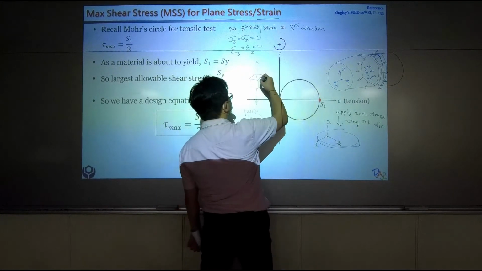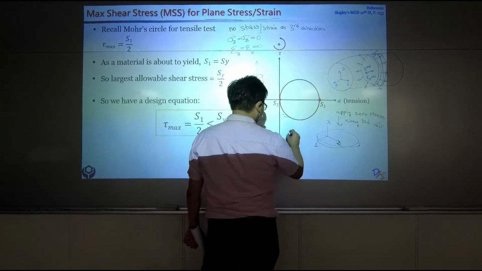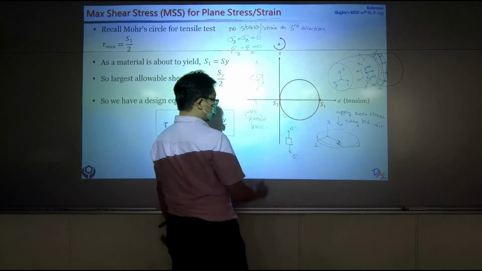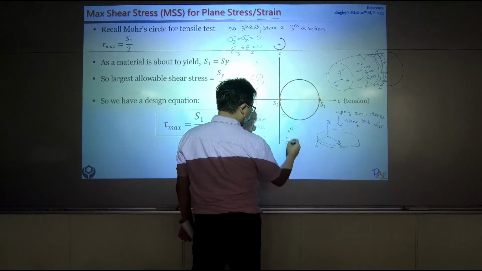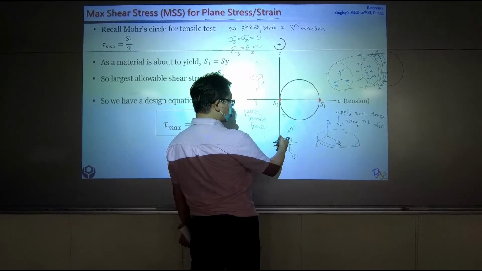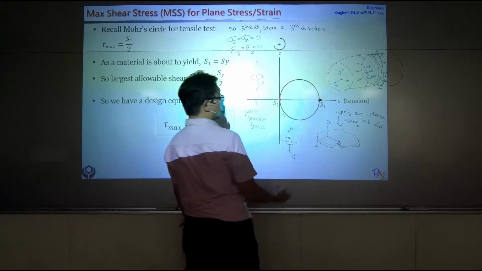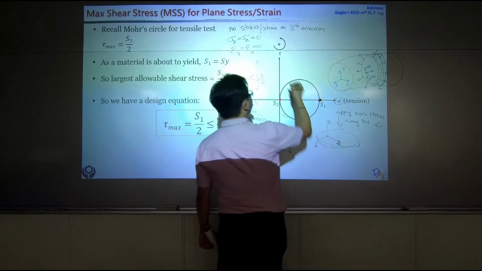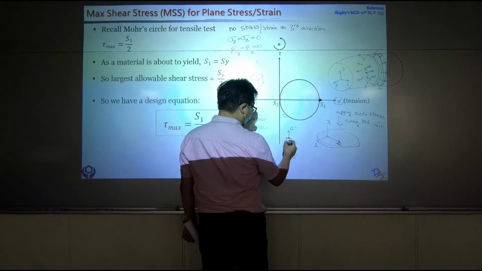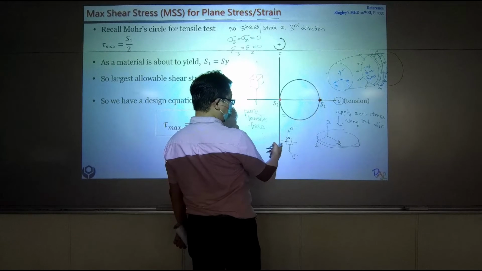Because if you treat this like a 2D problem, then you will have stress here. And if you study this point, here is only stress, no shear. So definitely you will have a point right here. You have sigma, 0 tau. If you rotate 90 degrees right here, you have 0 sigma and 0 tau.